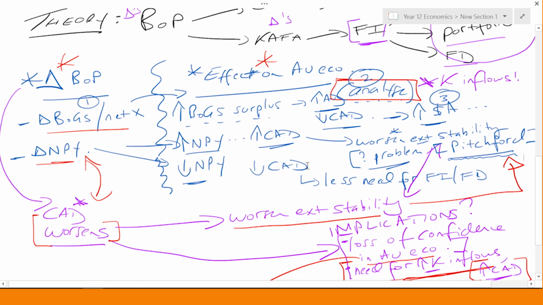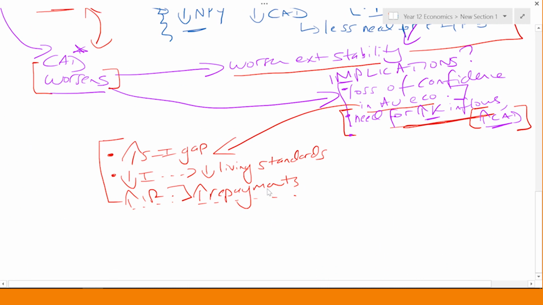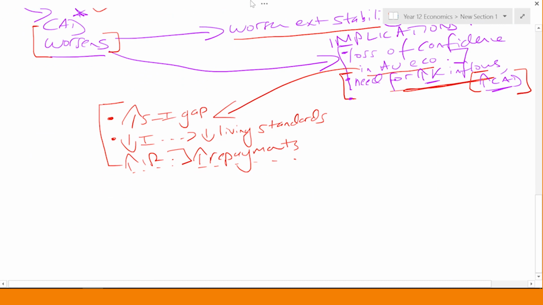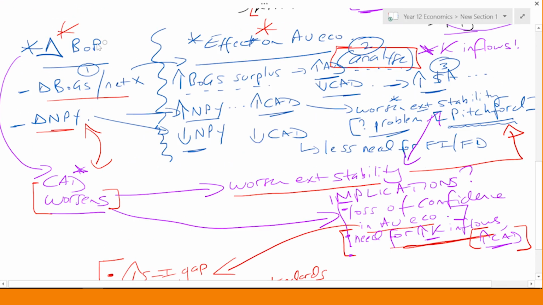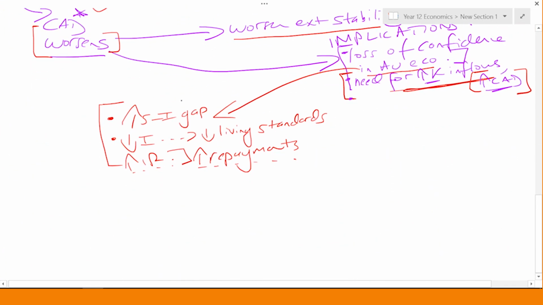If we then, for completeness, because remember it's talking about the balance of payments, so we did identify the need to talk about the current account and the capital and financial account, if we scroll down a little bit more and we think about how we would discuss changes in the capital and financial account, what we could say is that the change in the balance of payments might be an increase or decrease in the capital and financial account surplus.